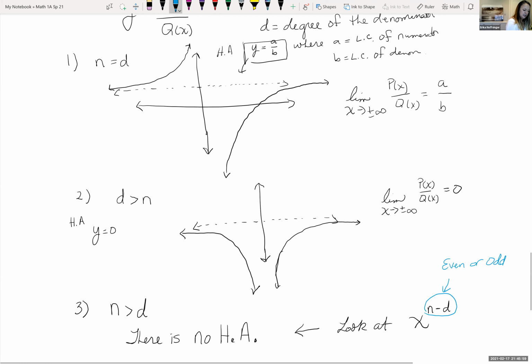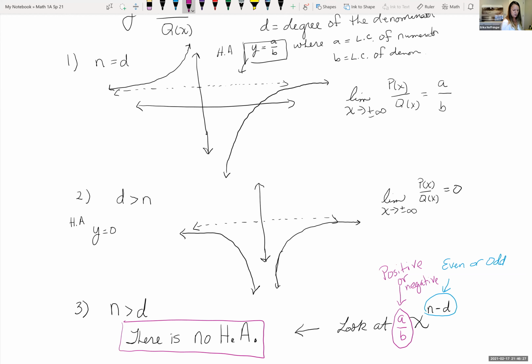And we would actually look at the leading coefficient of the top divided by the bottom. And we would determine, is this number going to be positive or negative? So like we were talking about the end behaviors of our polynomial function, that would be the same thing that we would do to see if it's going to positive or negative infinity if the degree of the numerator was larger.